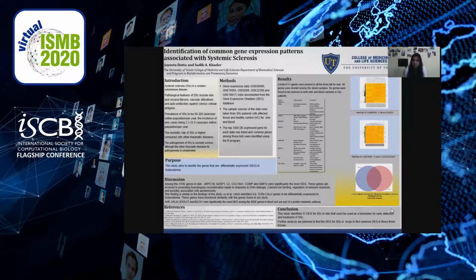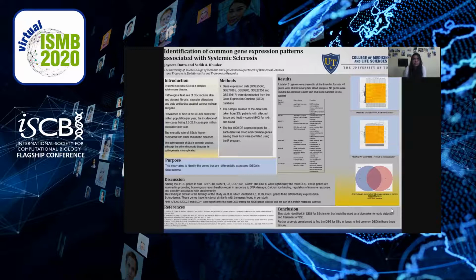I have made a chart of the functions for these genes and the most differentially expressed genes from blood also. But for skin, these genes are mainly involved in promoting homologous recombination repair in response to DNA damage and regulation of immune response, and possibly they are associated with autoimmunity.